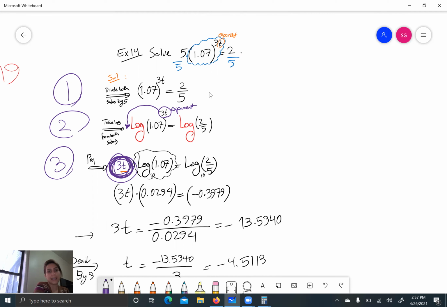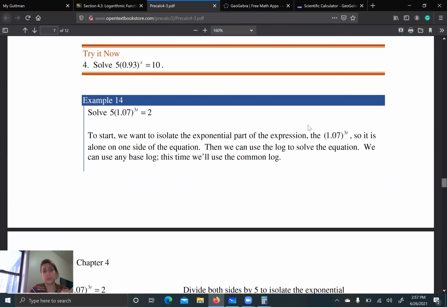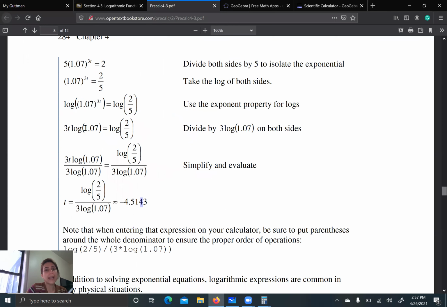And in the next step, we start evaluating and simplifying and doing some algebra to solve for your variable. If you read the steps from your textbook, it carries this log of 1.04 throughout the entire process.